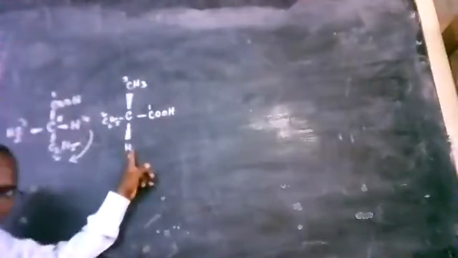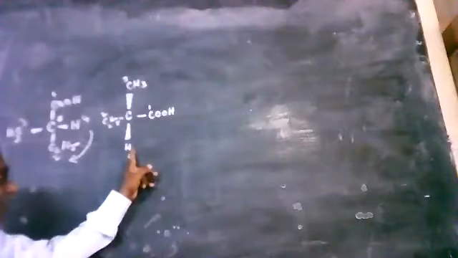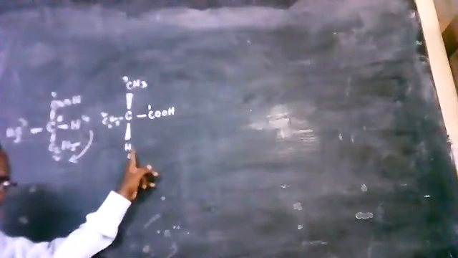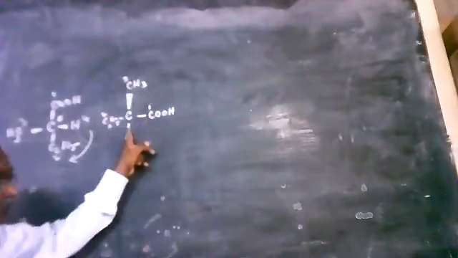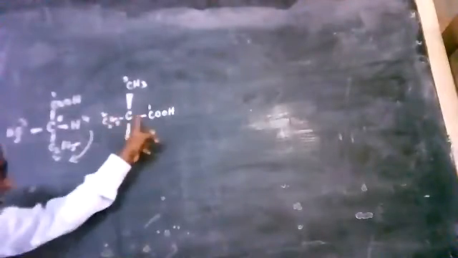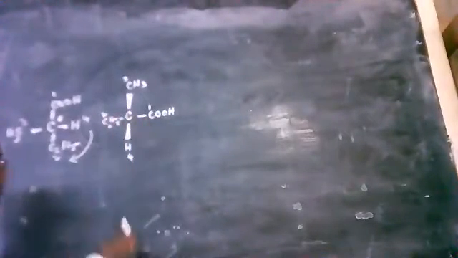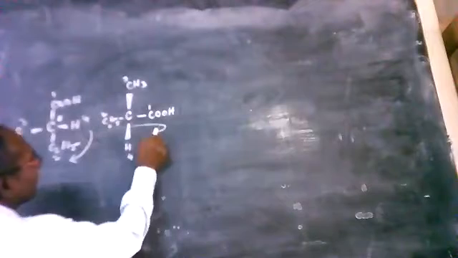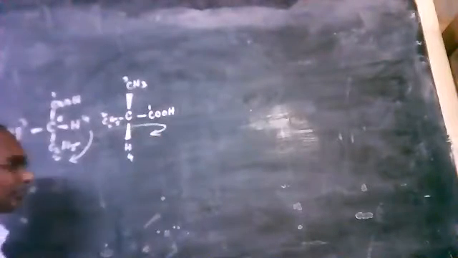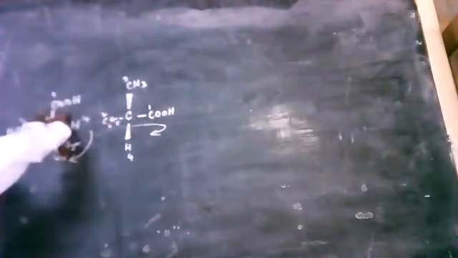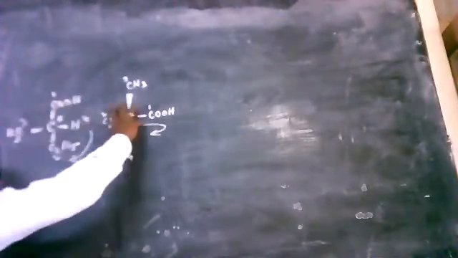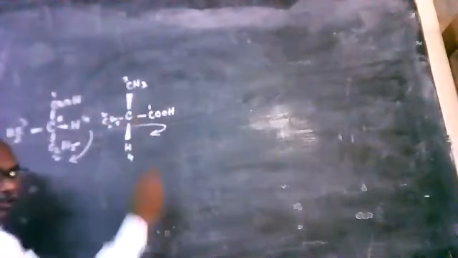But this is not the projection. See, when you write a molecule in the Fischer projection, the horizontal arms should be projecting towards the viewer. So, in order to make the horizontal arms projected towards the viewer, I turn the molecule like this. First turn, it is in this plane. Second turn, I'm turning the molecule like this.